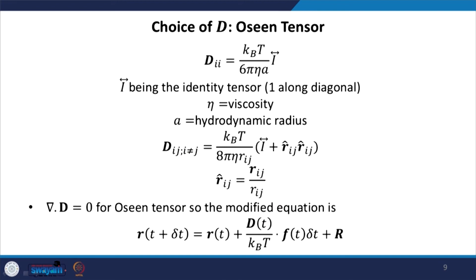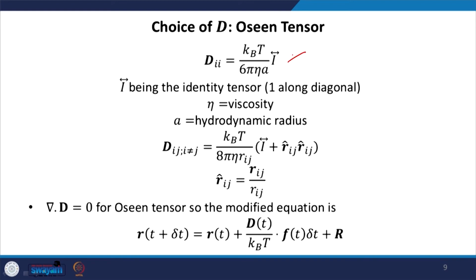So, one choice of D is the Oseen tensor. This is not the only possible choice. The reason we have multiple choices is that there are certain approximations involved, and there are certain limitations of the tensor we are using, and you can read more references to learn about the problems with the Oseen tensor, but this is the one that is most commonly used.